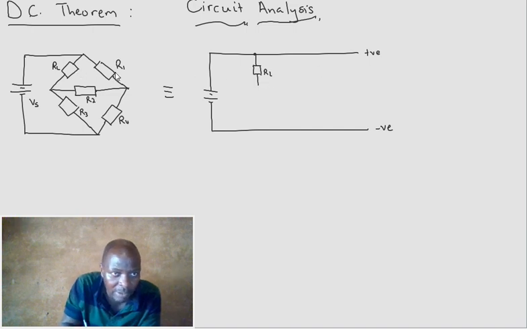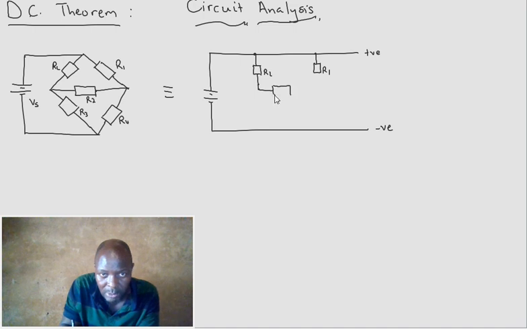From the positive, I take RL and R1. So my R1 also comes out of the positive. Now this is R2, which, like we had previously when it was the load, joins these together. From between R2 and R1 we have an R4 taking us to ground, to negative.